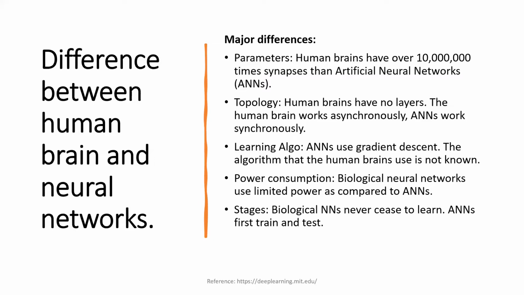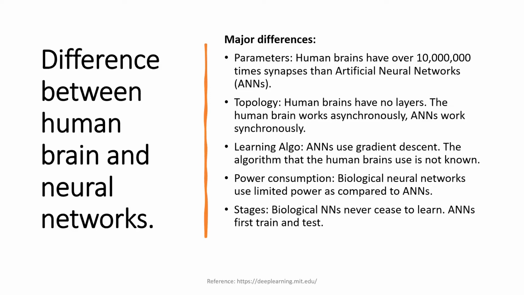We're going to look at the layers. When you look at the learning algorithm, neural networks use gradient descent. We're going to talk about what gradient descent is. The algorithm that the human brain uses is not known. We don't know which algorithm we use in our brains, but human brains are so intelligent. They can do so much.